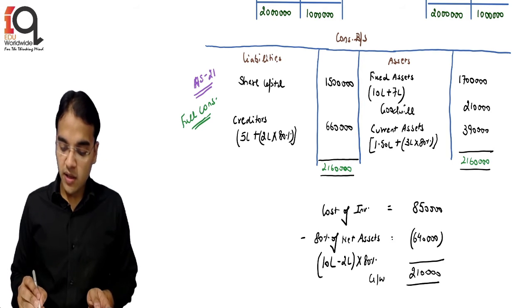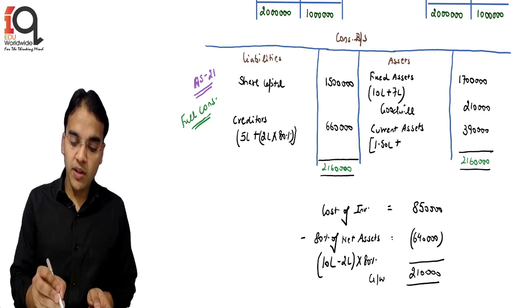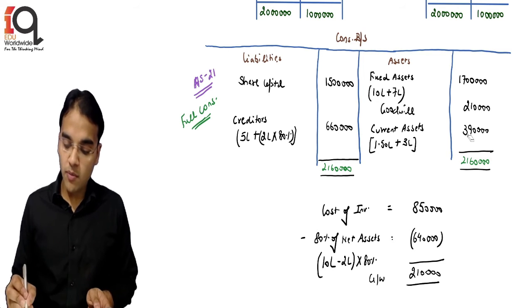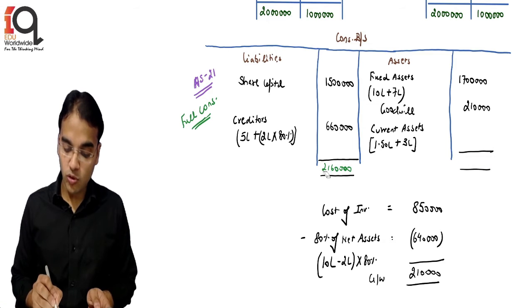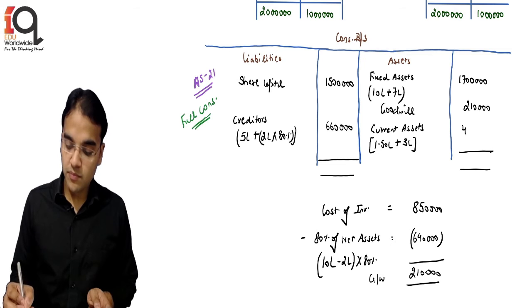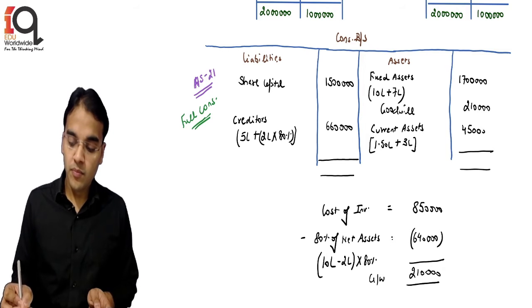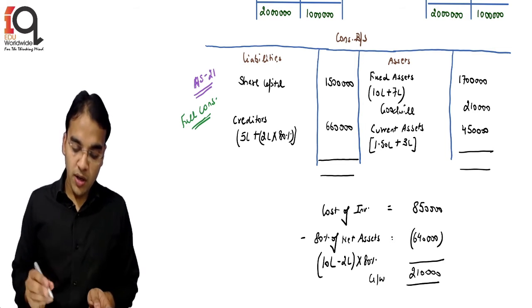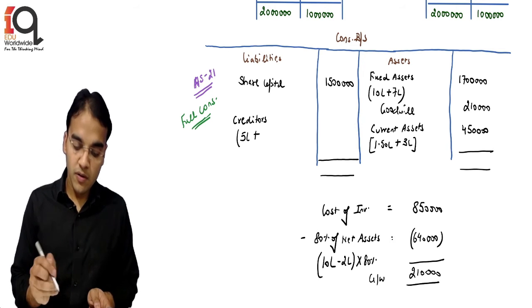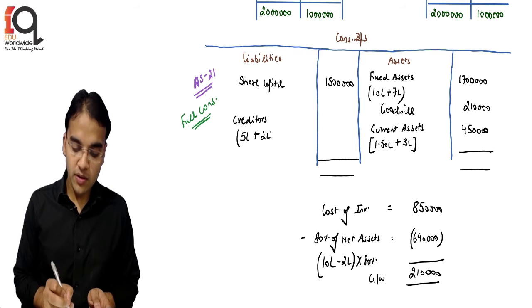What will be here? That is 1,50,000 plus 3 lakh whole. So that comes out to how much? 4,50,000. Total will also change. So it will be 4,50,000. And your creditors will also be how much? 5 lakh plus 2 lakh. That is 7 lakh.